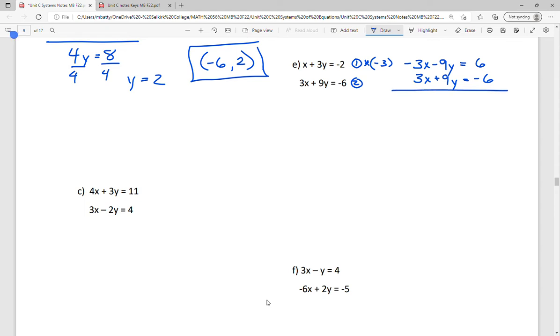I can see that I've got a 0 and a 0 and a 0. Again, I'm back to that line of truth here. I can see that this system is dependent because of that line of truth. And there's actually an infinite number of solutions for this one.